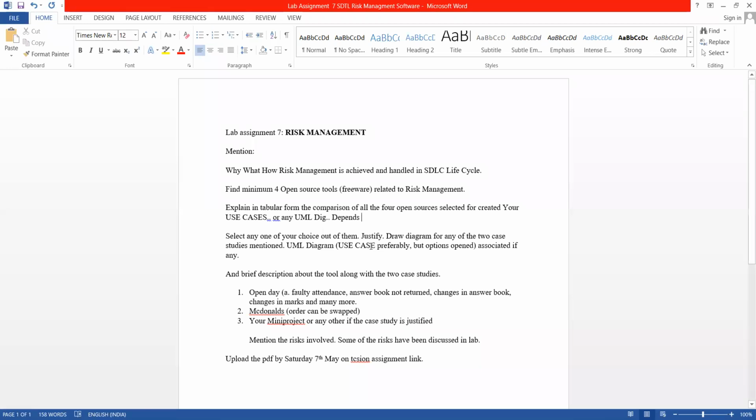If you are concentrating on testing, even on testing you can have risk management, internal and outer. If you are concentrating on requirement gathering, there will be a different type of risk management.